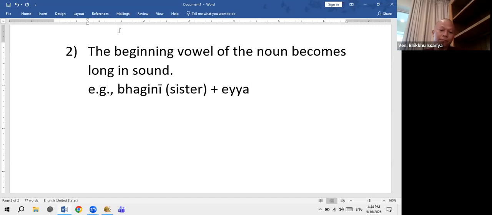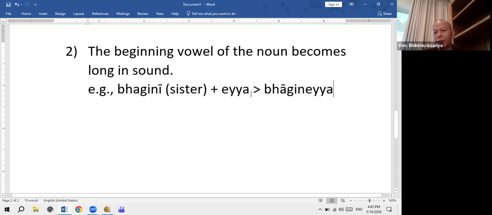At the time, this first letter becomes lengthened, becomes long: Bhagineyya. So Bhagini means sister, but in this case the suffix is changed.